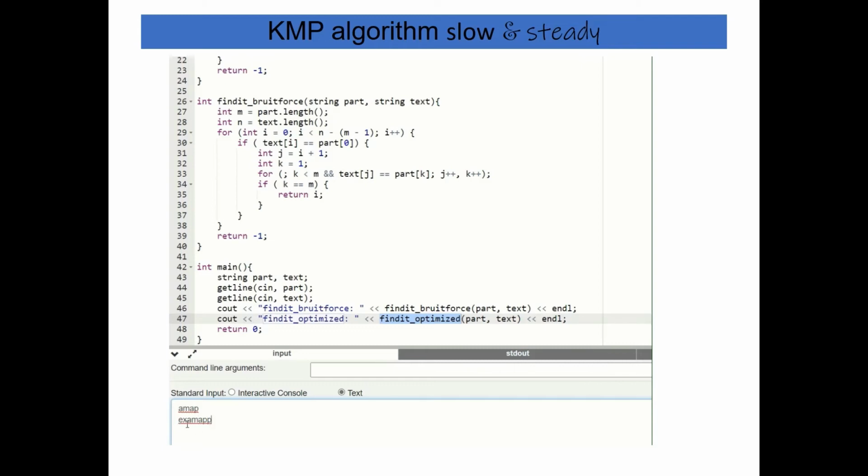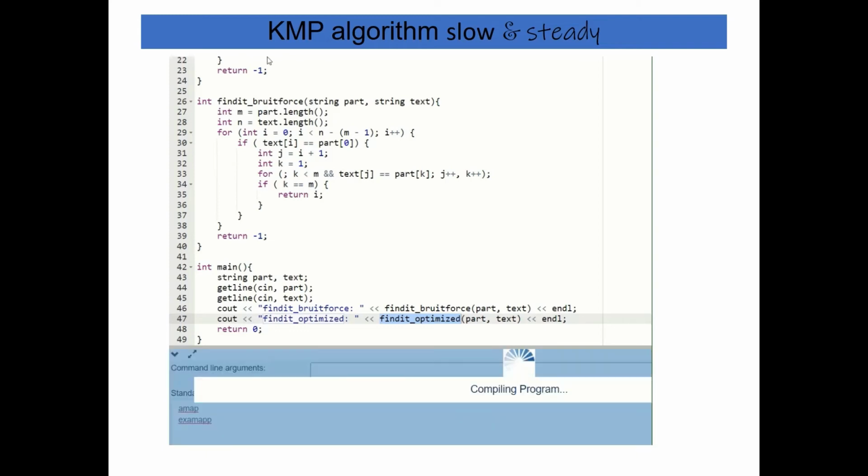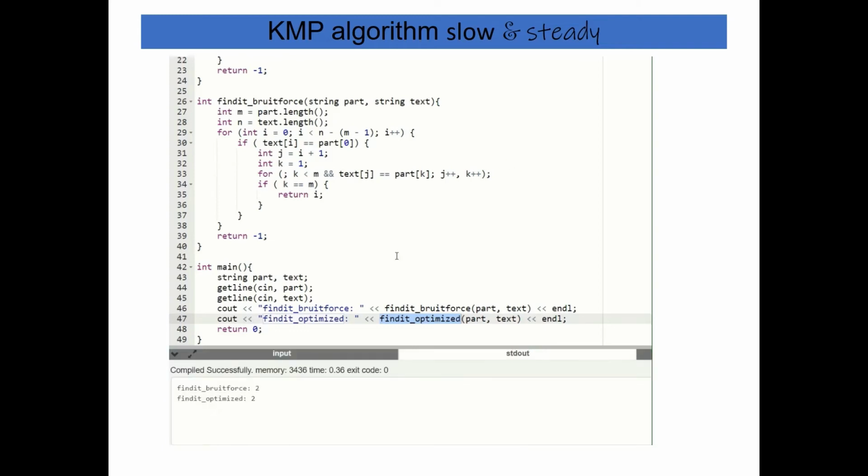So we have an exam app, an application that helps you with your exams. And then we want to look if it contains this word AMAP. And obviously by visual inspection we can see it does, right? So let's execute this, and that seems to work fine too.